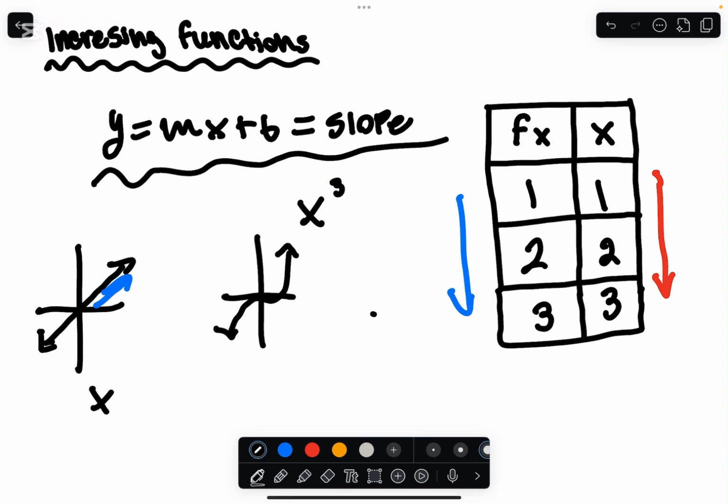You're also familiar with a parabolic function, which is basically x values squared. So an increasing function is basically just as input values increase, the output values also increase. These are some graphical examples and some numerical examples.